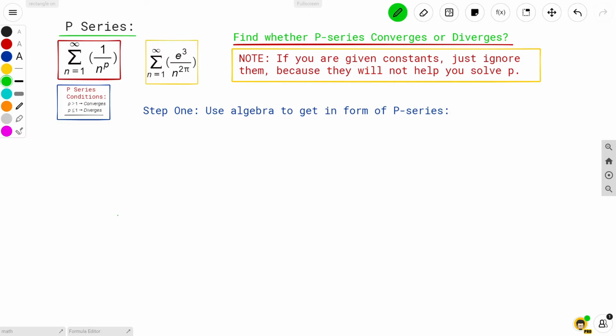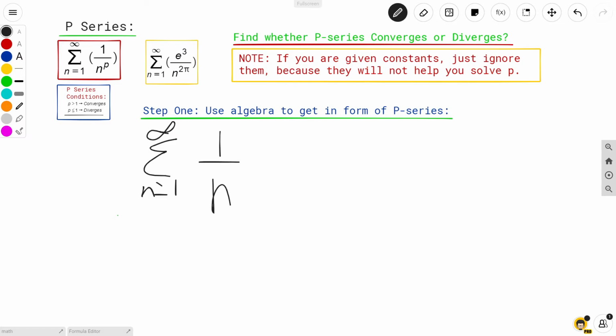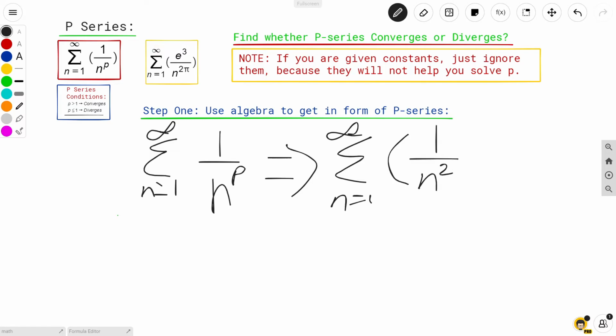In this particular problem, with the understanding that e raised to the 3rd is nothing more than a constant, we actually already have it in p-series form. The p-series form is really 1 divided by n raised to the p, which in this case would just be 1 over n raised to the 2 pi.